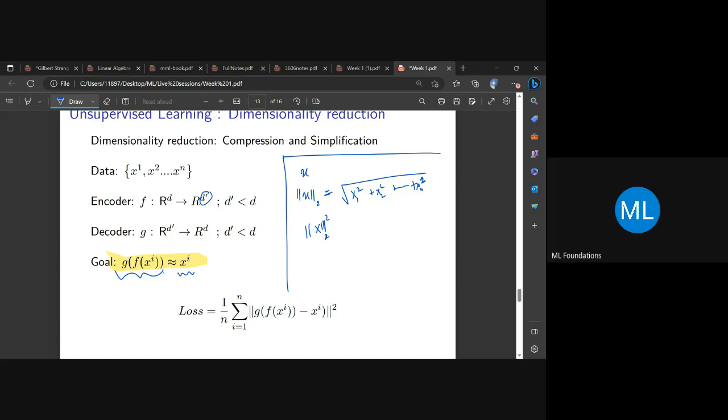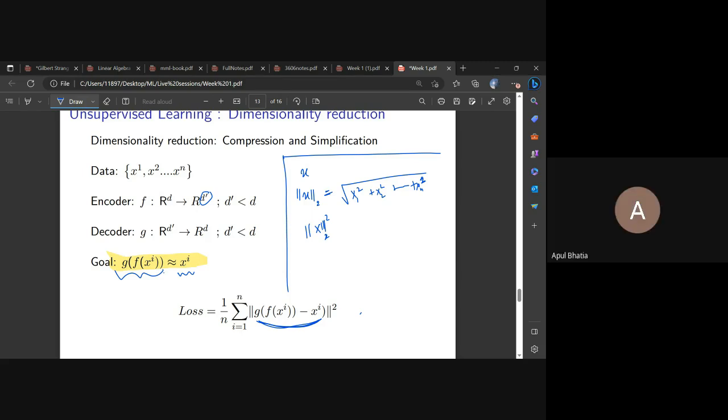It may not give you the same xi, the same data set that you have. So we check how much difference there is between g of f of xi and xi. That is giving you the loss. We would want this loss to be almost zero, but to see how much the error is, we are using this square loss here.